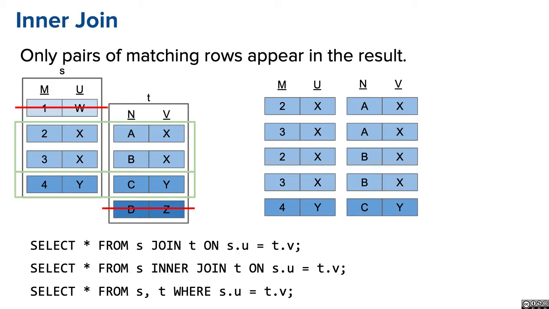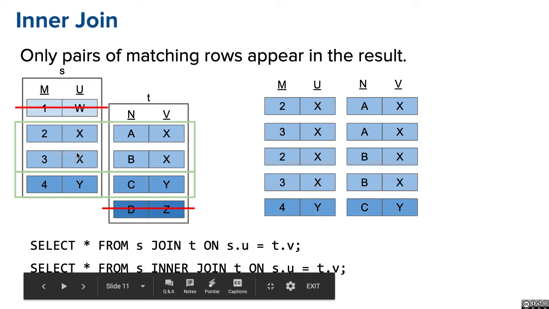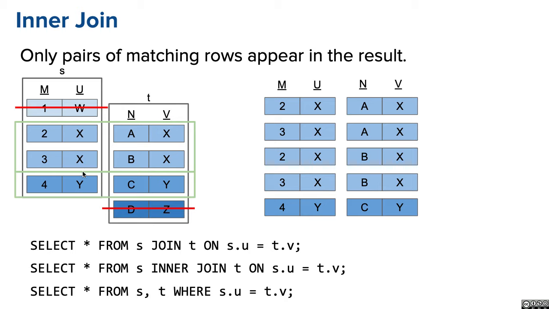Yeah, Jesse? So the 2x and 3x appear twice, but 4y appears once. Why? That's right. So there are 4 rows that contain x, but only 1 row that contains y in the resulting relation. And that happens because if you have matching values in u and v, but those values appear multiple times, then you're essentially doing a cross join between all the matching values here. So this row labeled 2 is paired with both rows with a and b here in this column.